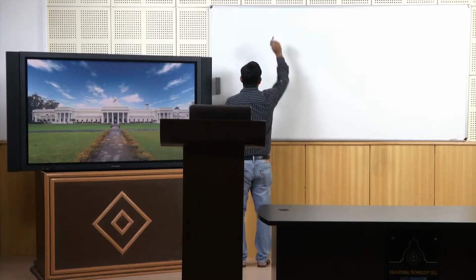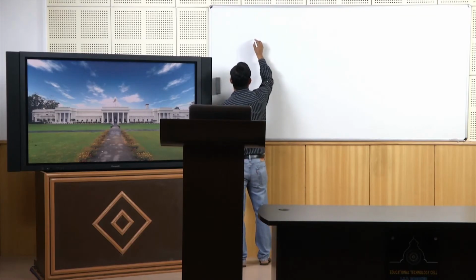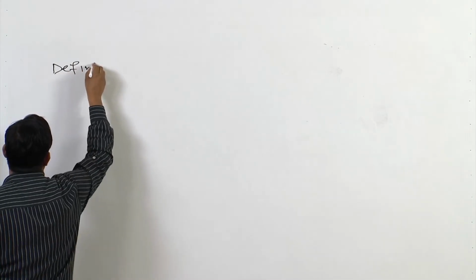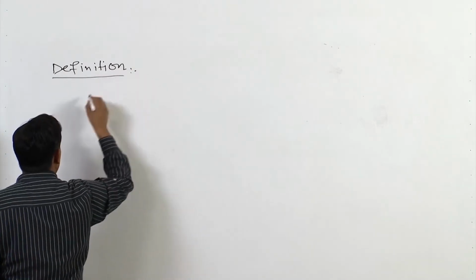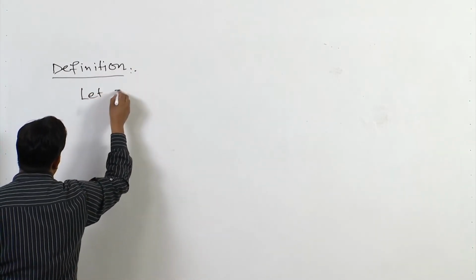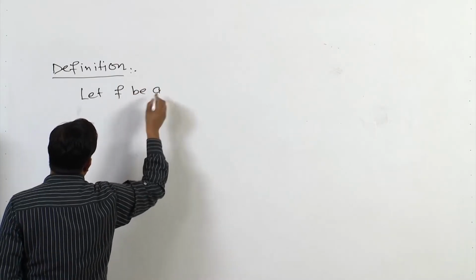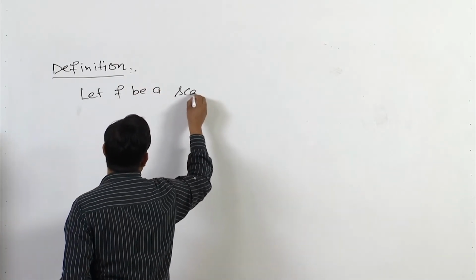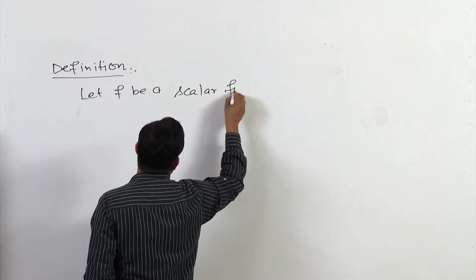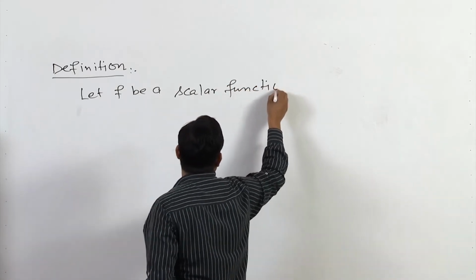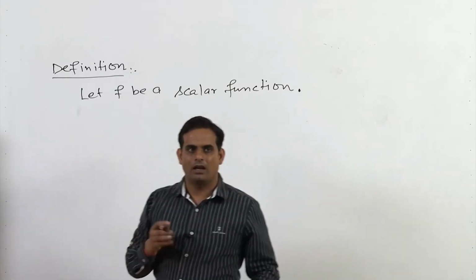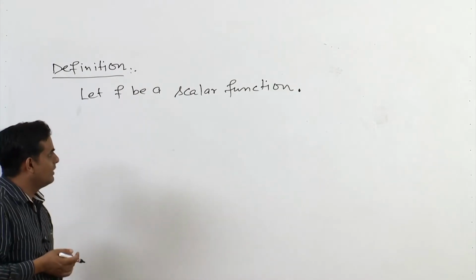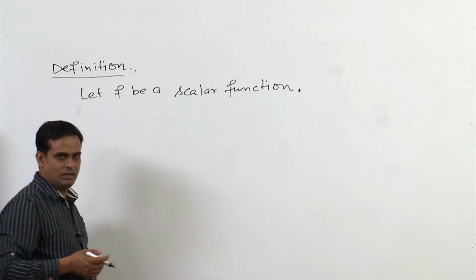So here is the definition: let f be a scalar function of x, y. I am defining it in a plane only.